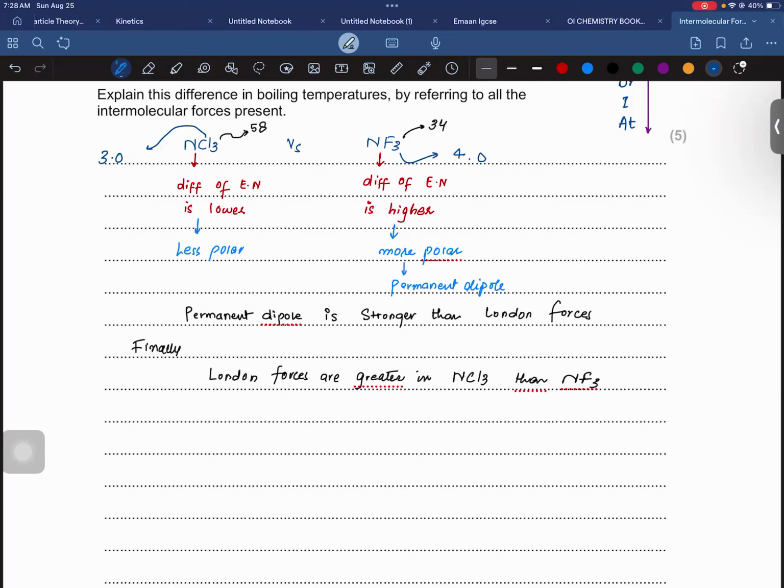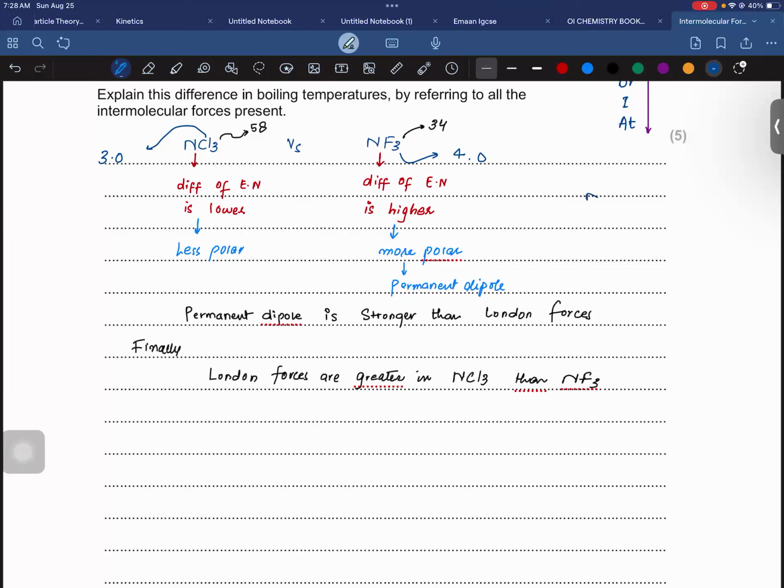The electronegativity of nitrogen is 3.04, right?